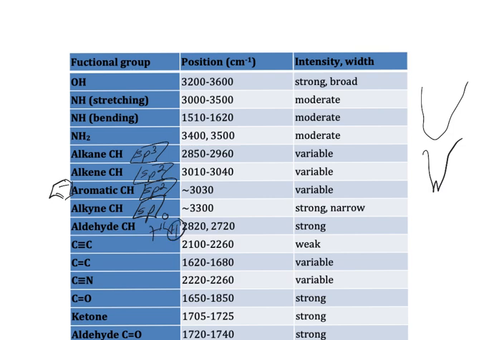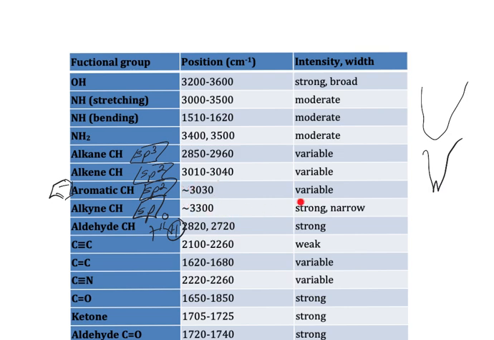So all these are good things to take a look at. Alkanes are always below 3,000. If you see something sharp above 3,000, that means you have sp2 CHs. That's usually a good clue to tell the difference between these. If it's below 3,000, it's sp3. If it's above 3,000, it's sp2, or a benzene ring.